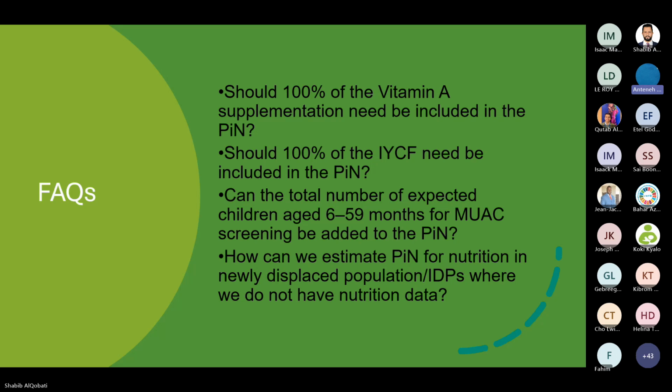And you have a SAM admission, the CMAM admission PIN or the CMAM need, which is also close to the vitamin A people in need, but the vitamin A people in need is higher than the CMAM need. In that case, because the groups are overlapping, these are the same group, 6 to 59 months, and of course, you may have inpatient cases for some treatment, but if the target groups are overlapping, you could take the higher of the two in order to avoid double counting of the same group in the PIN aggregation.